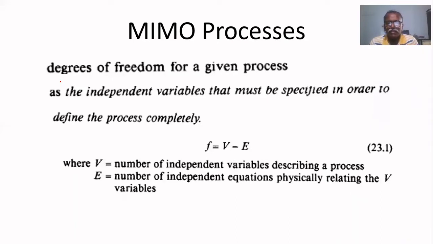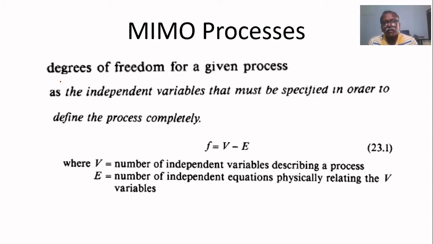In that case, the process isn't under 100% control. It is not completely specified. In other words, it is not 100% control because 4 variables are independent variables. Suppose you put 4 loops to control those 4 variables, then it is completely specified, under complete control.